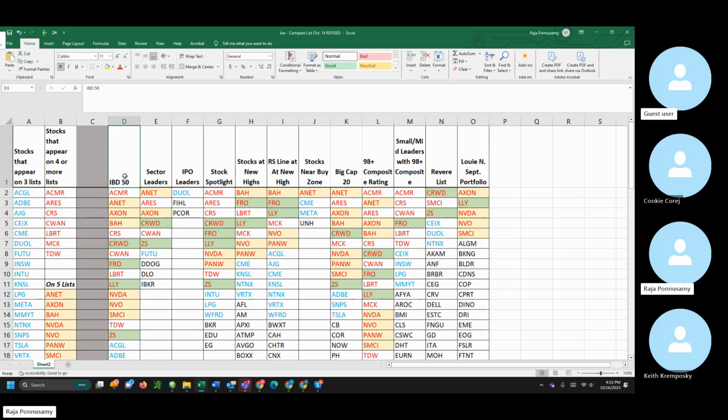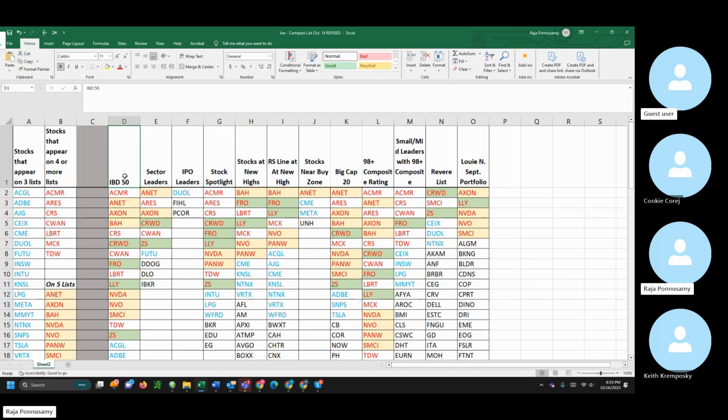And as far as the small and mid cap leaders, I read somewhere or heard somewhere that a lot of times the small and mid cap stocks are incubators for leading stocks in the future. So that's why I included that list. Way on the right, I do subscribe to Louis Navier, and that list on the right side there is Louis Navier's September portfolio.